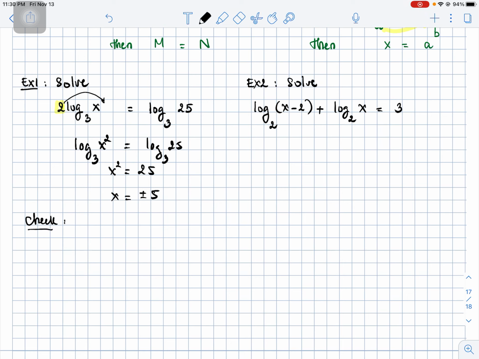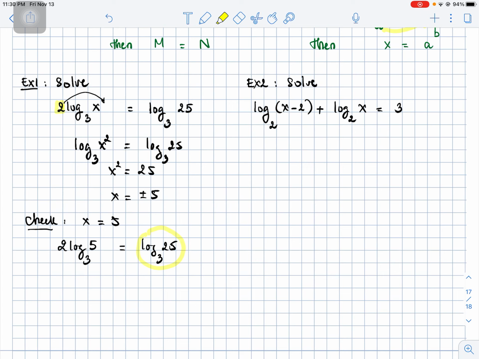Now we check. If we put in x equal to 5, then 2 log base 3 of 5 equals log base 3 of 25. You will use the calculator for this. How do we calculate this?